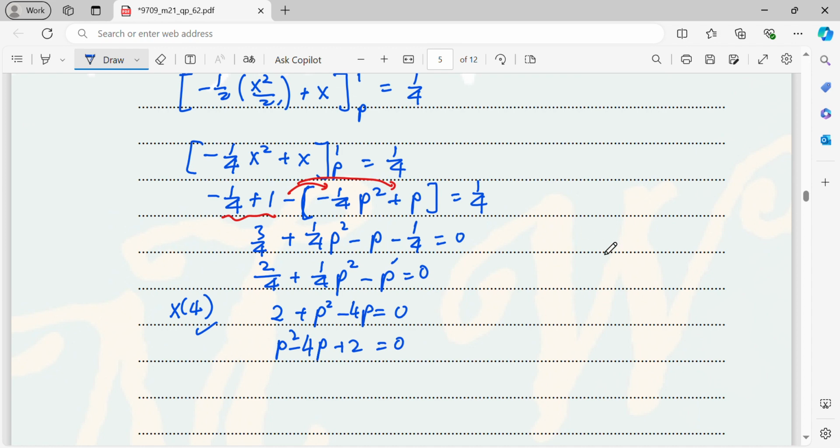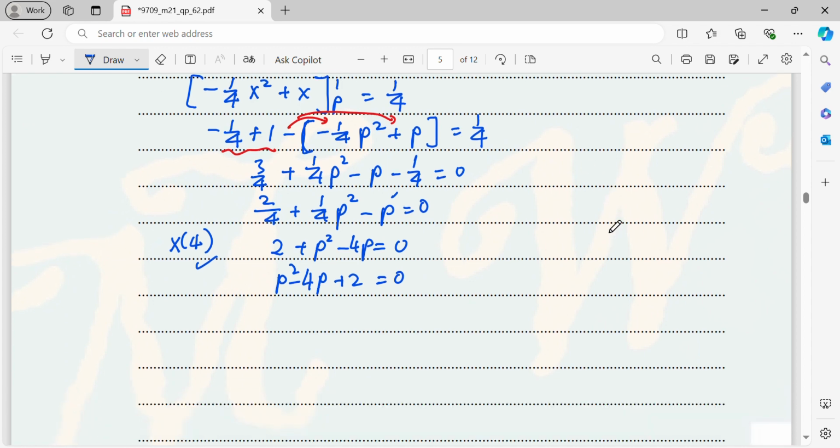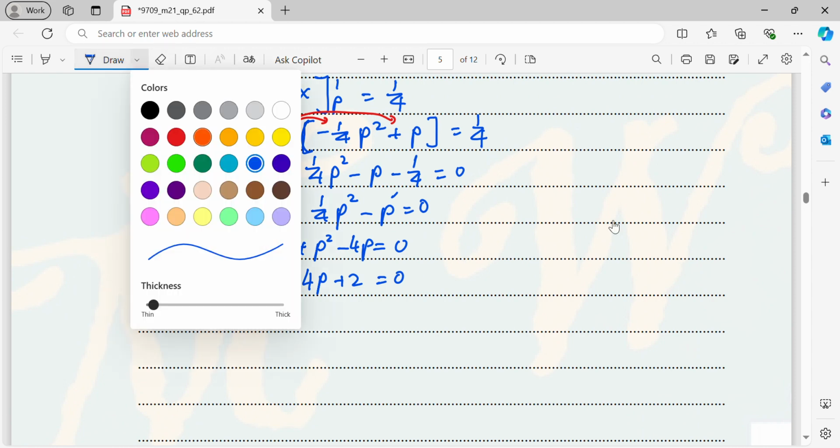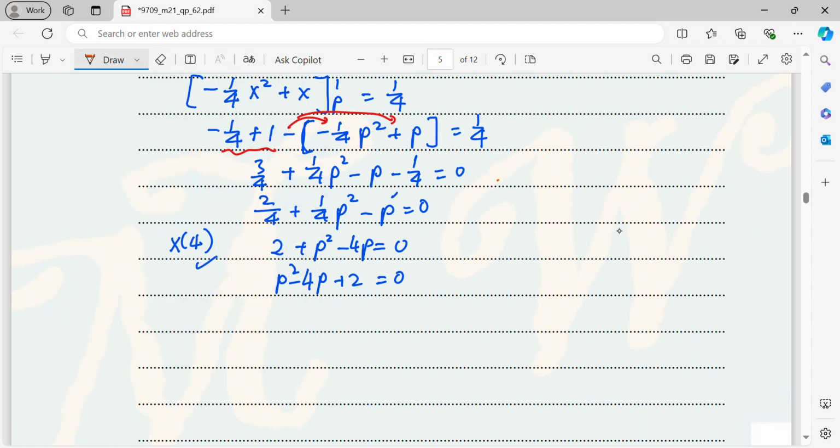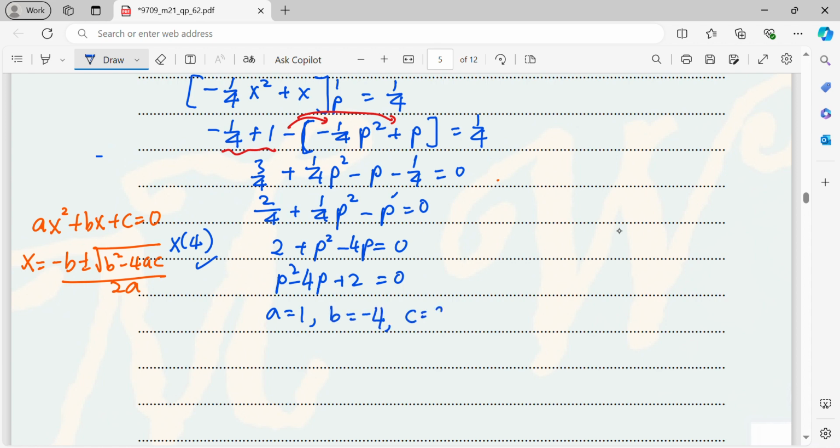Now we need to solve for p from this equation. You will realize that this quadratic equation cannot be factorized. Therefore, we need to apply the quadratic formula, x equals minus b plus minus square root of b squared minus 4ac over 2a, to solve this quadratic equation. Now my a is going to be 1 because 1 p squared, my b is minus 4, and my c is positive 2.